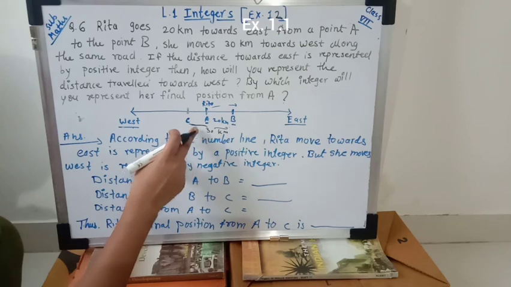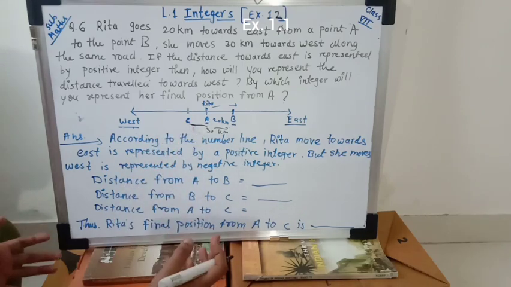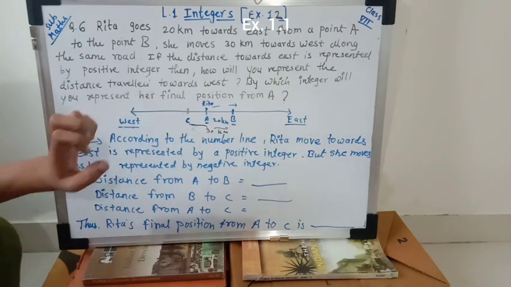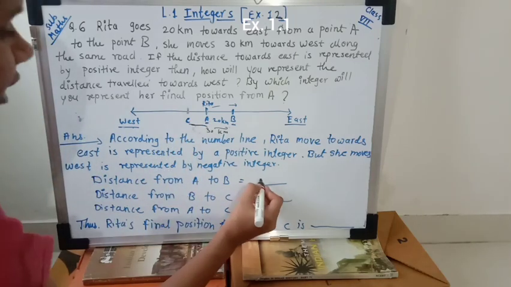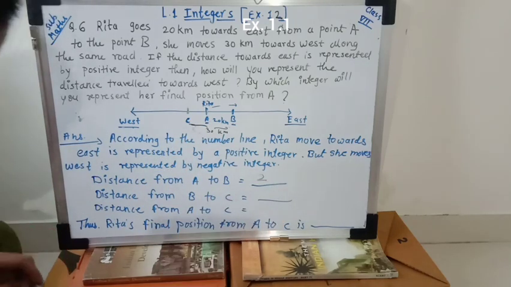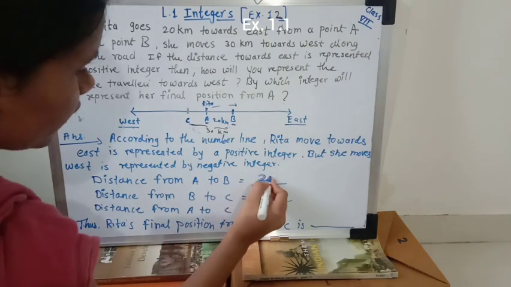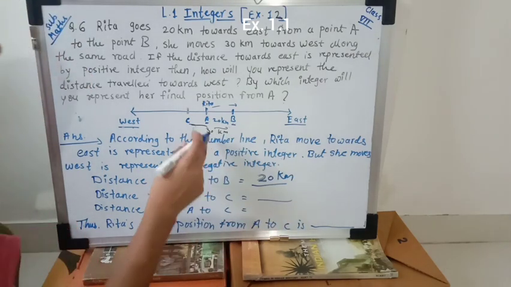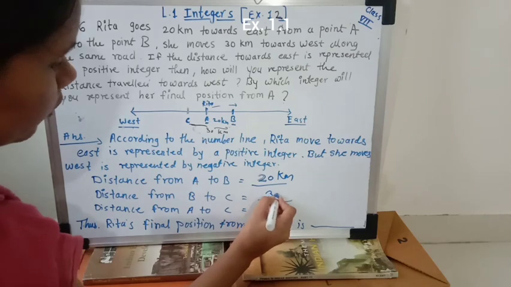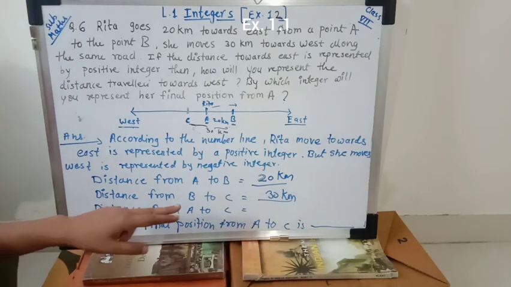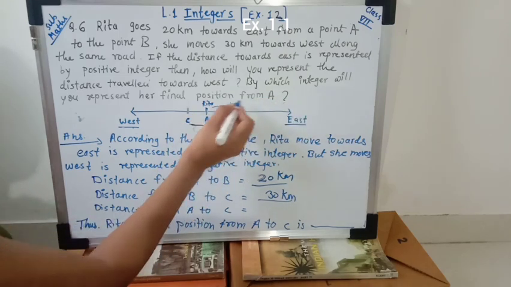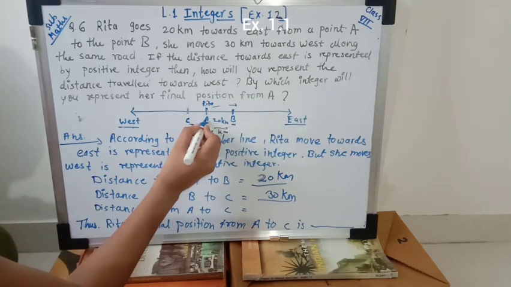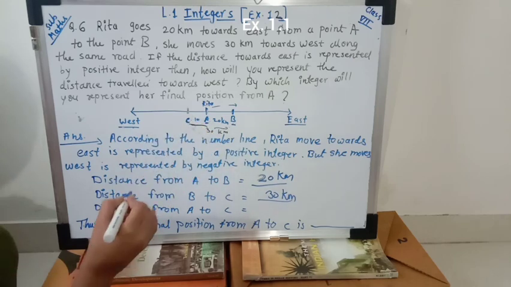Only two distances are given: from A to B, that is 20 kilometer, and from B to C, that is 30 kilometer. So we have to find the final position from A, that is the distance A to C.